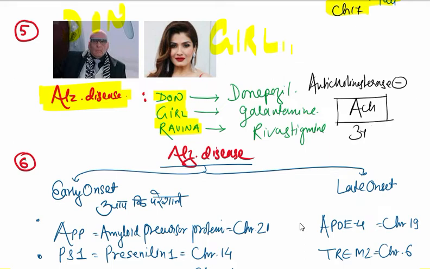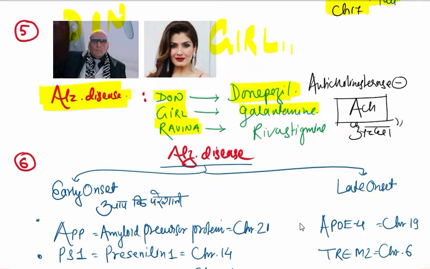Whatever little good is left in the brain, that should not be disturbed. That's why donepezil, galantamine, rivastigmine have a role. But among these drugs, donepezil can be used in all stages of Alzheimer disease.